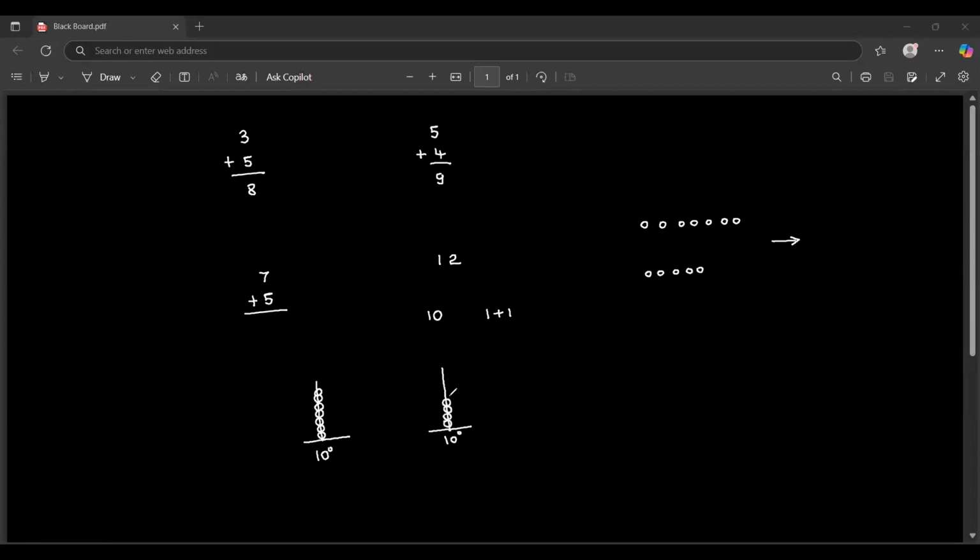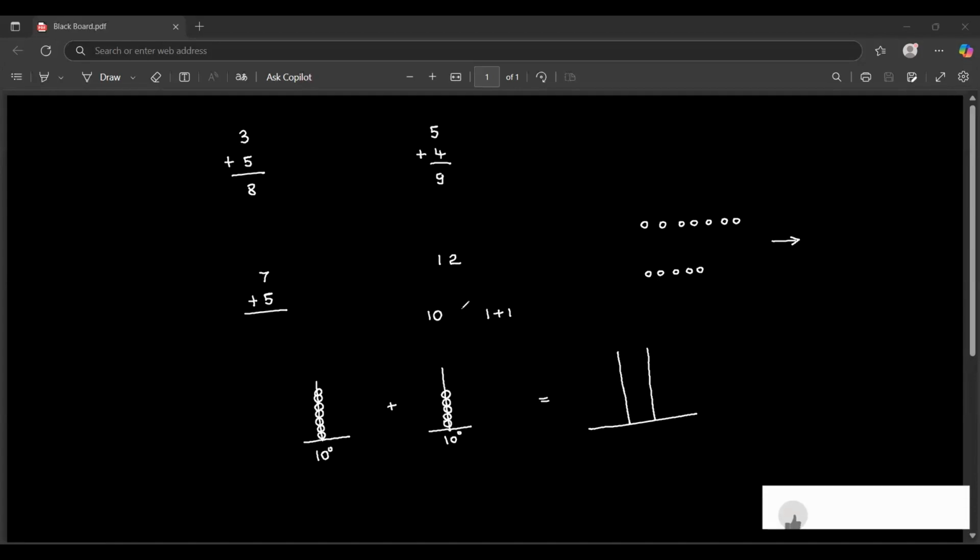When you added these two values, we had to move the extra 10 to the tens place rod. So you put 1 here, which actually represented 10 such counters in 10 to the power 0.